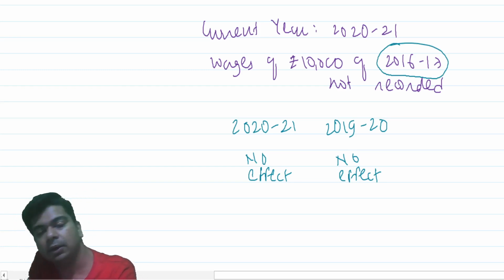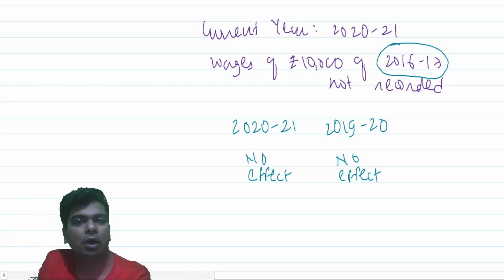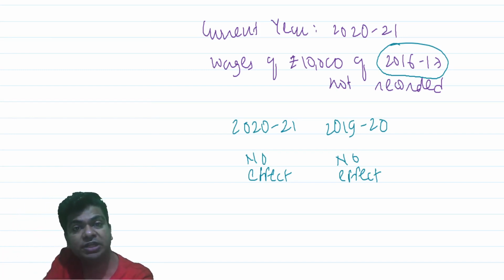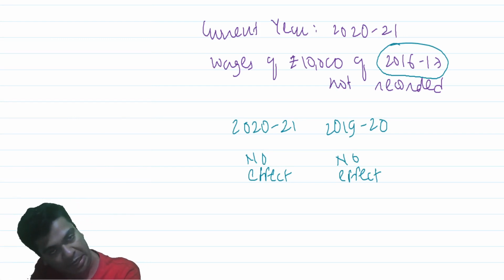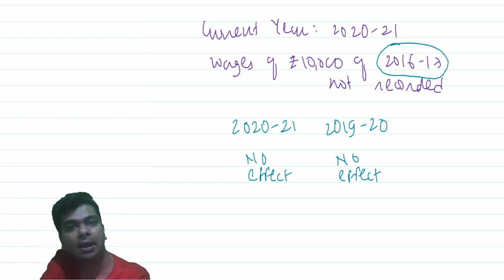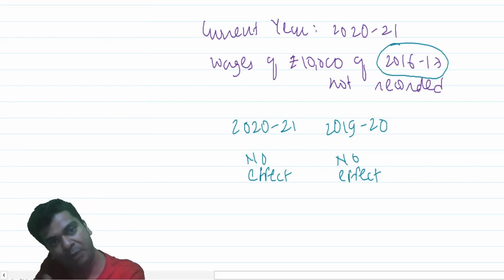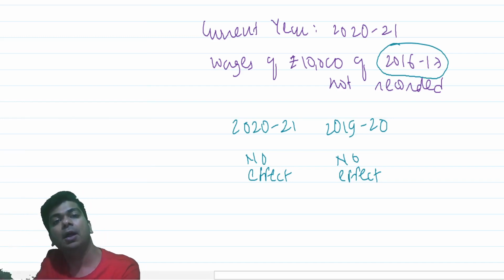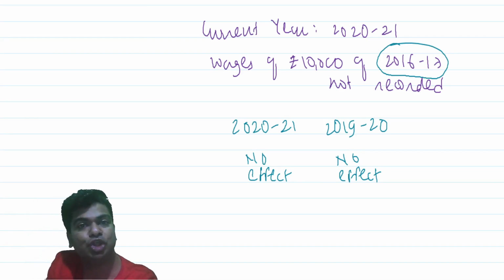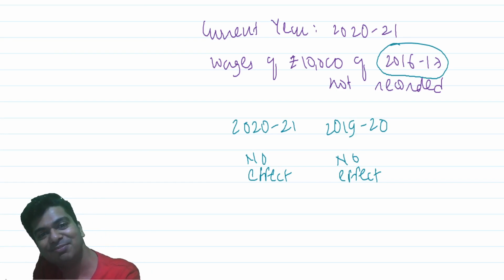What to do then? You already know how to treat changes in accounting policy. Remember how you give the effect: relating to the current year in the current year, relating to the previous year in comparatives, and relating to a period before the preceding year for which comparatives are available, you should change the opening balances. That's what I will be doing over here.